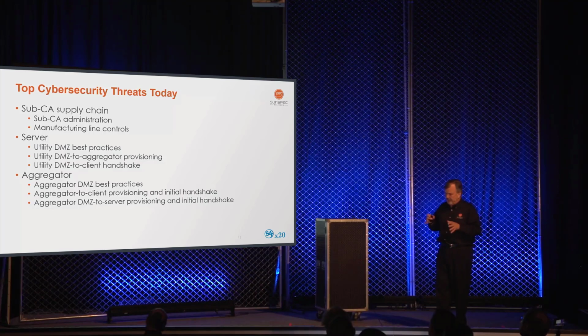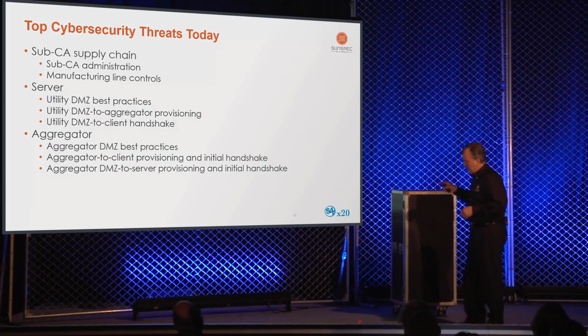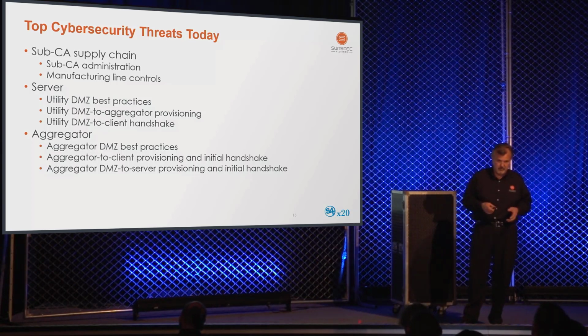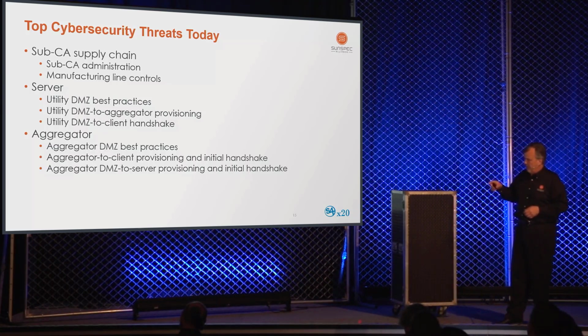Because these utilities tend to be so siloed, this is almost like a fresh, brand new endeavor. And then you have the aggregators, which are primarily considered to be independent third parties. No vetting has been done on them. Many of these are startup companies, or maybe they're the manufacturers themselves. So that's another area where considerable hardening is required.